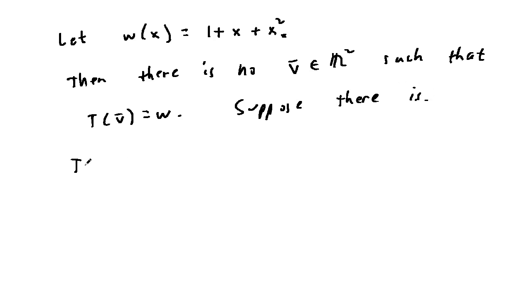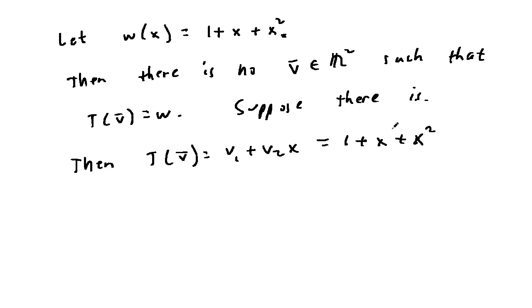Then T of V is this polynomial, and that's equal to W, which is this polynomial. But notice here we have an x squared term, but here we don't have an x squared term. This is a contradiction.